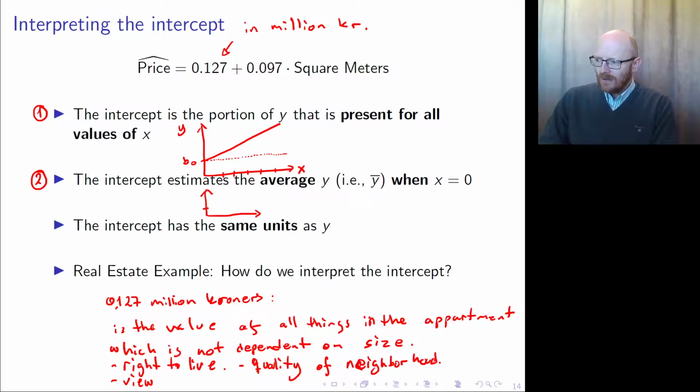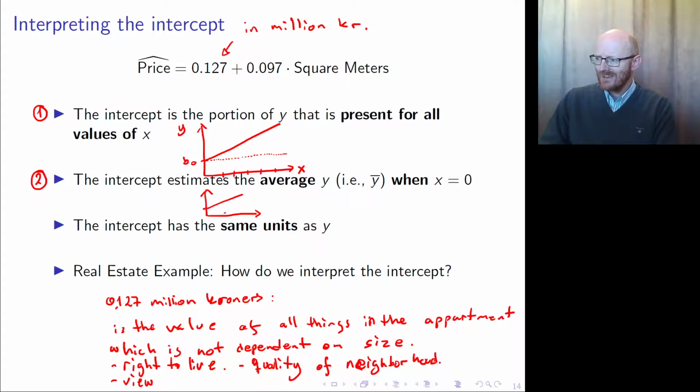In our example, if the size of the apartment is 0, then probably you would not pay 0.127 million kroners, 127,000 kroners for nothing.